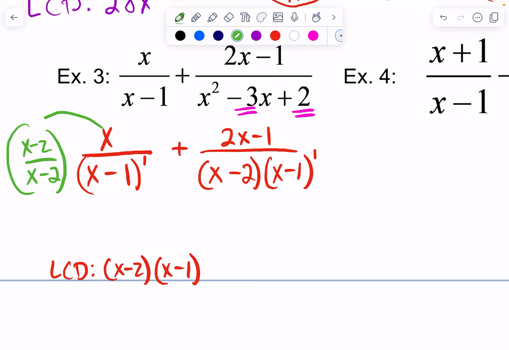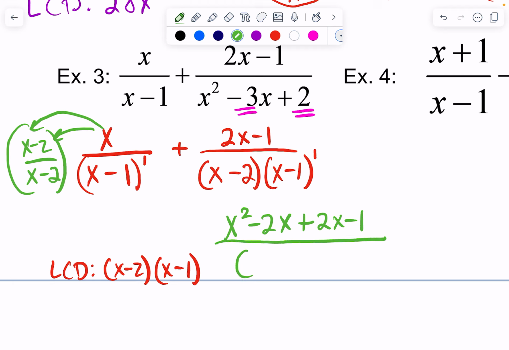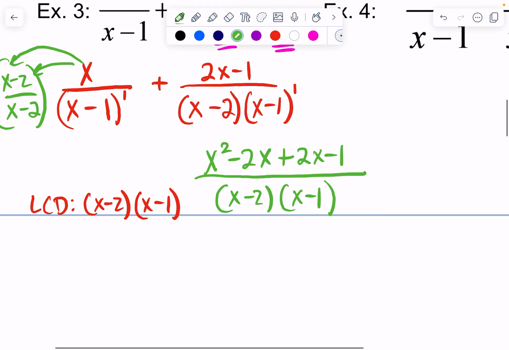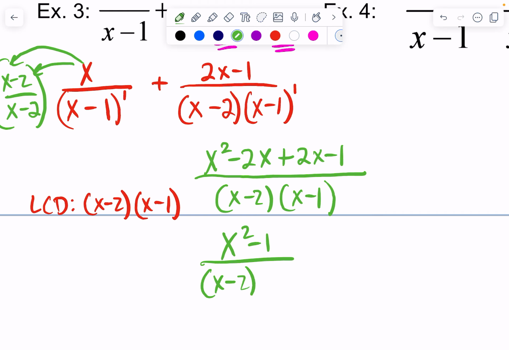So now I'm going to go ahead and distribute my x. So that's going to render me with x squared minus 2x plus 2x minus 1 over (x - 2)(x - 1). That will then, when we simplify, give me (x squared - 1) over (x - 2)(x - 1).